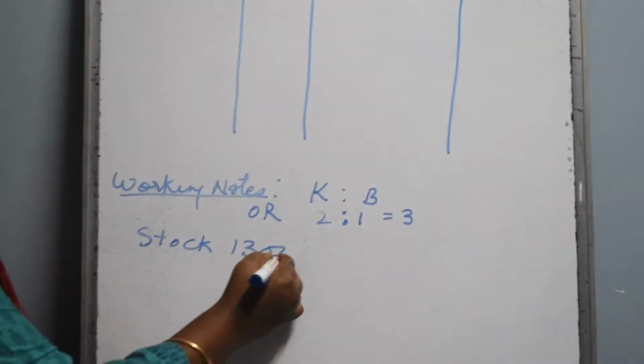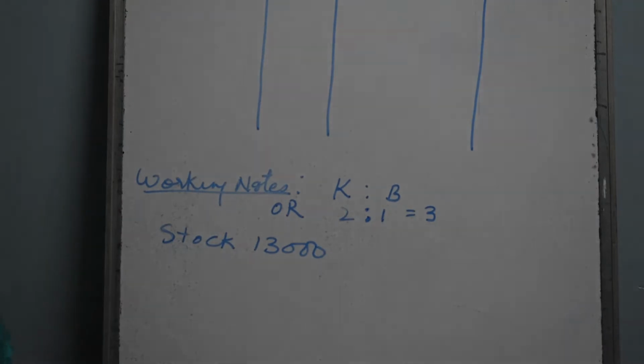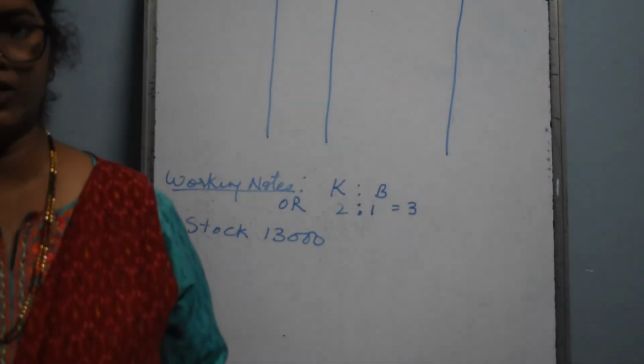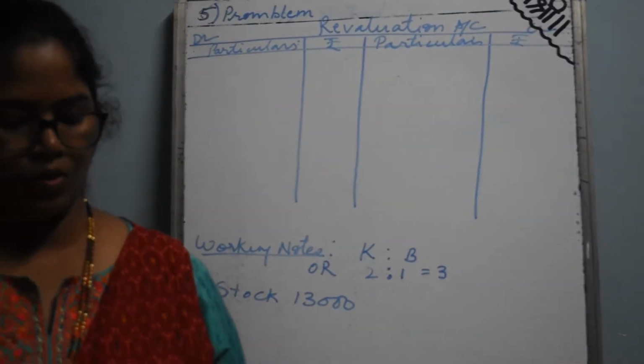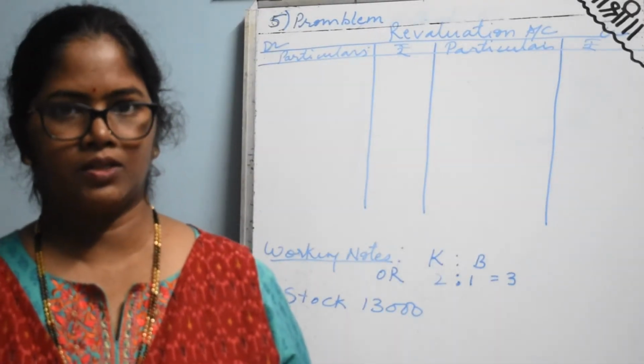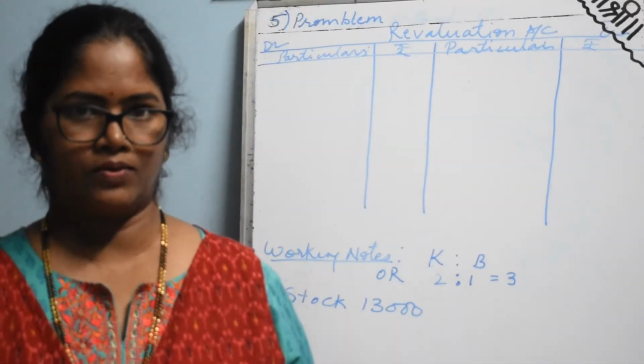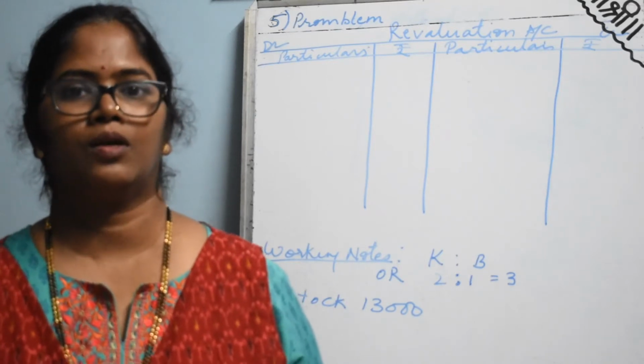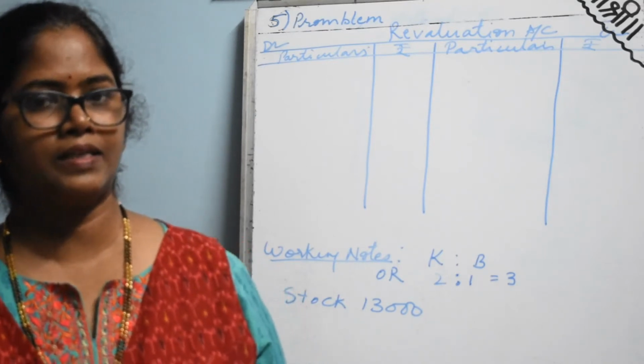Stock is revalued at rupees 13,000. Now just compare it with the amount given in your old balance sheet. In the old balance sheet, it is given 12,000. What is the meaning of this? Stock was 12,000, it has become 13,000, which means 1,000 has increased.